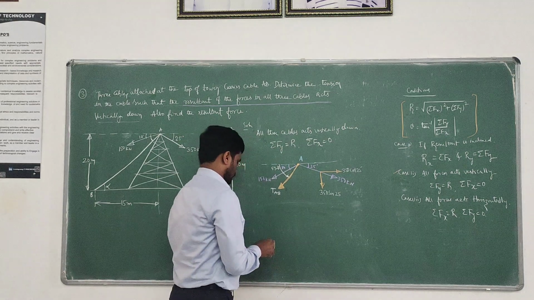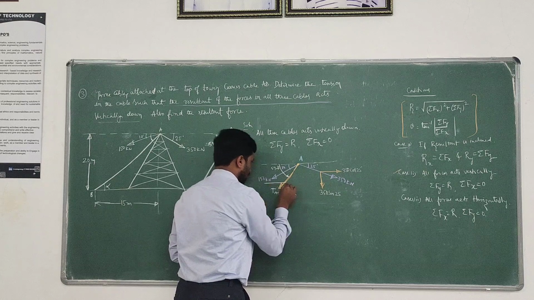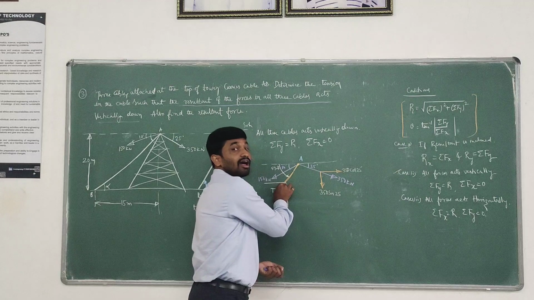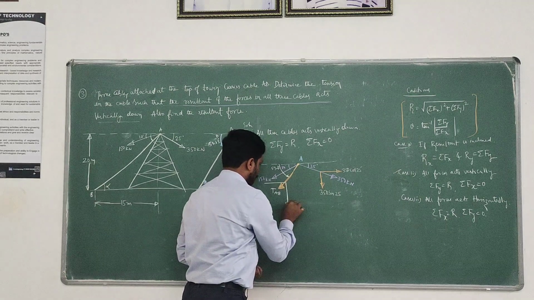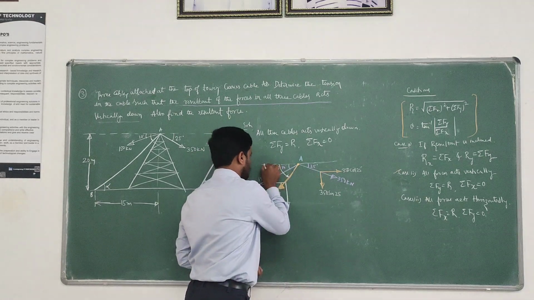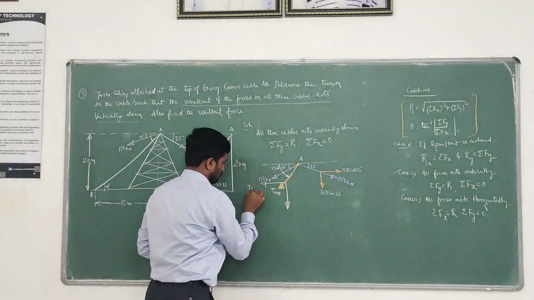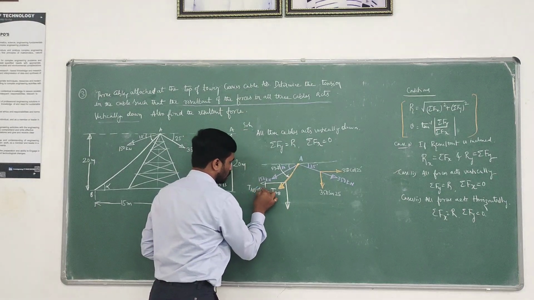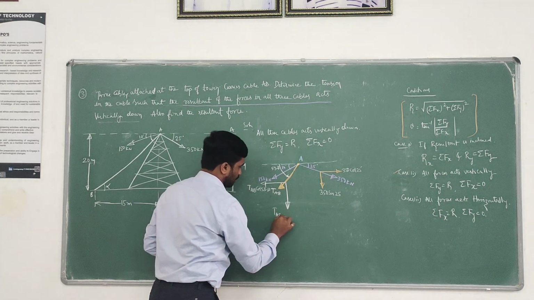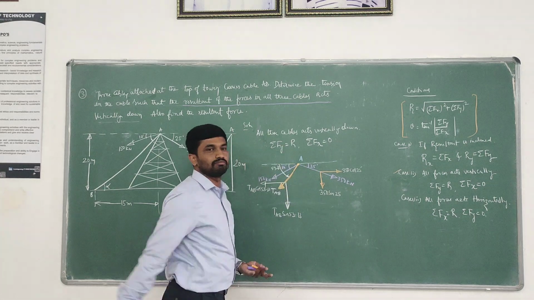Now coming to the second thing. Here one horizontal, one vertical. As per the rule, the direction is away because it's a tensile force. The next thing is inclination. This is with respect to horizontal 53.13. Therefore, it will become TAB cos 53.13 and TAB sin 53.13 vertical.